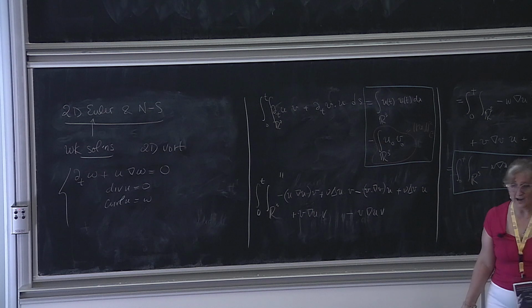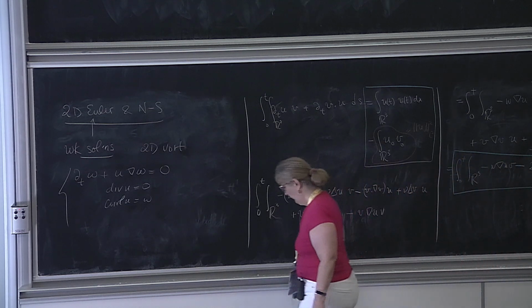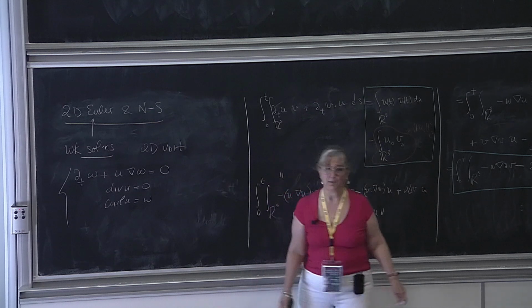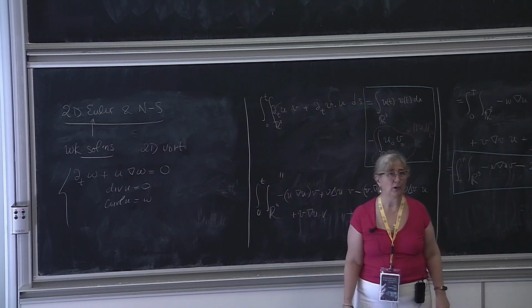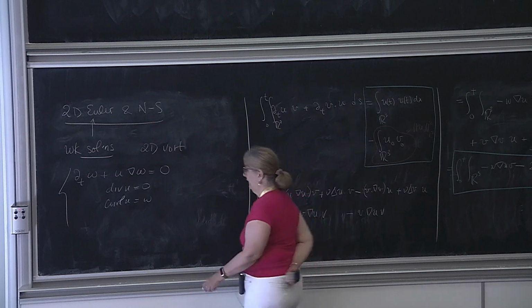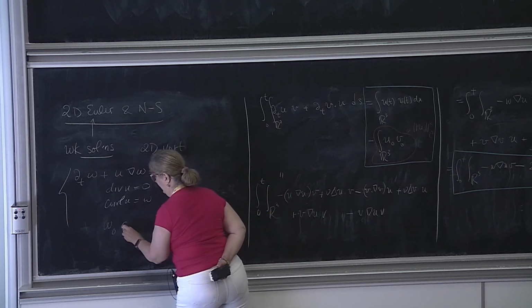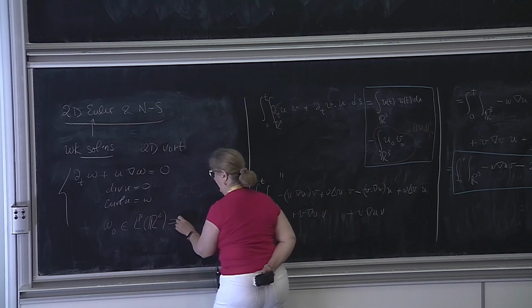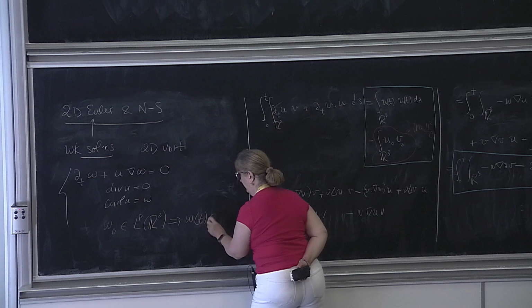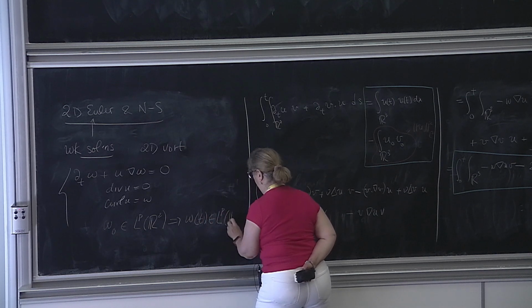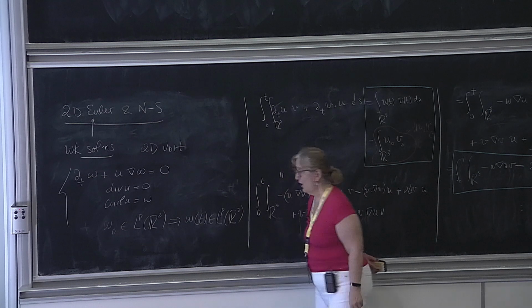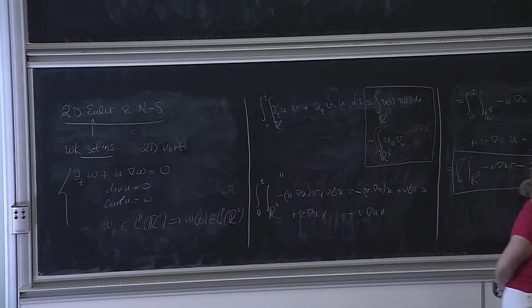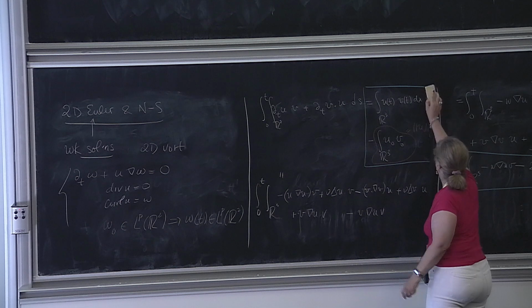Omega is a scalar now, okay, and it satisfies this nice transport equation by an incompressible flow U, and what this means in particular is that if omega naught is in LP of R2, then omega at time t will also be in LP of R2. This, as long as omega is smooth, that's true, that's an easy calculation. Okay, so it motivates the study of weak solutions with LP vorticity.